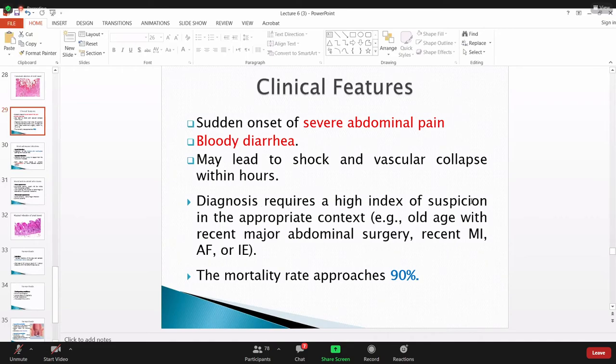How do I suspect that this patient has acute bowel ischemia? By the previous history or status of the patient.